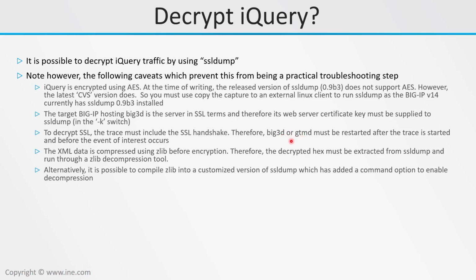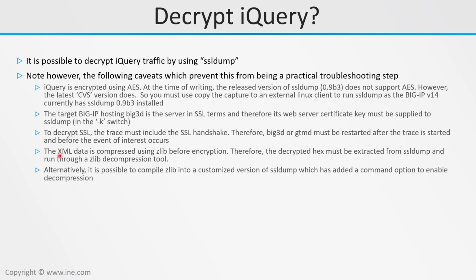The local is gtmd, which would be the local BIG-IP, and the remote BIG-IP would be big3d. So you would need to restart one of those processes, and depending on who is initiating, you would only need to restart one side. Whoever initiates the SSL handshake, that would be the one you would need to restart the daemon from.